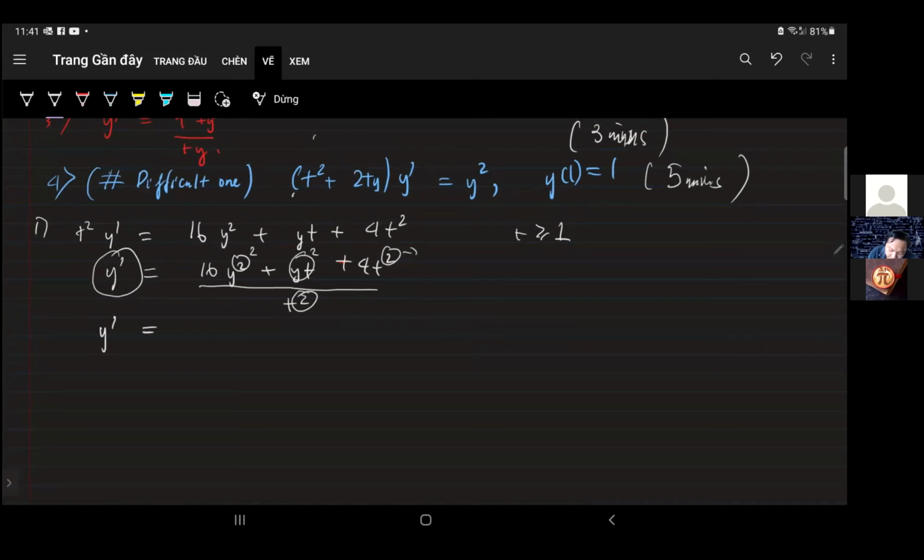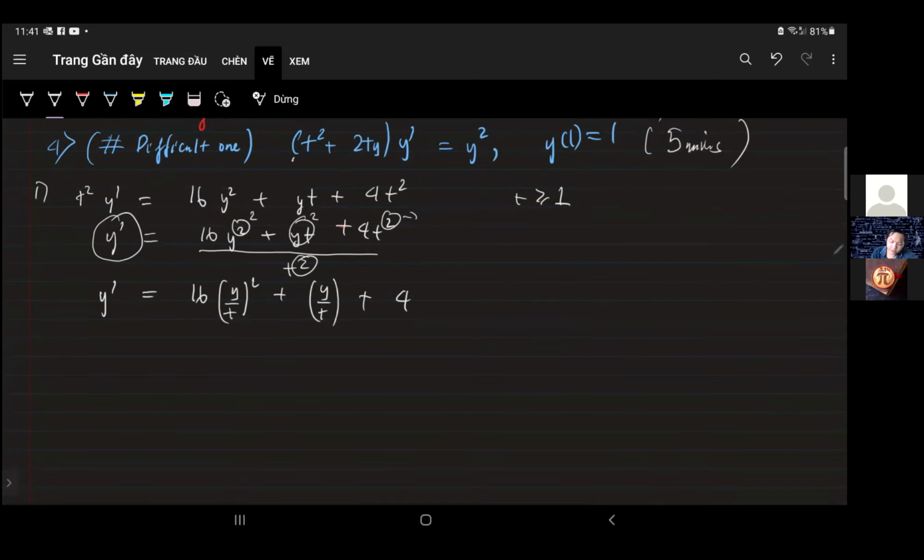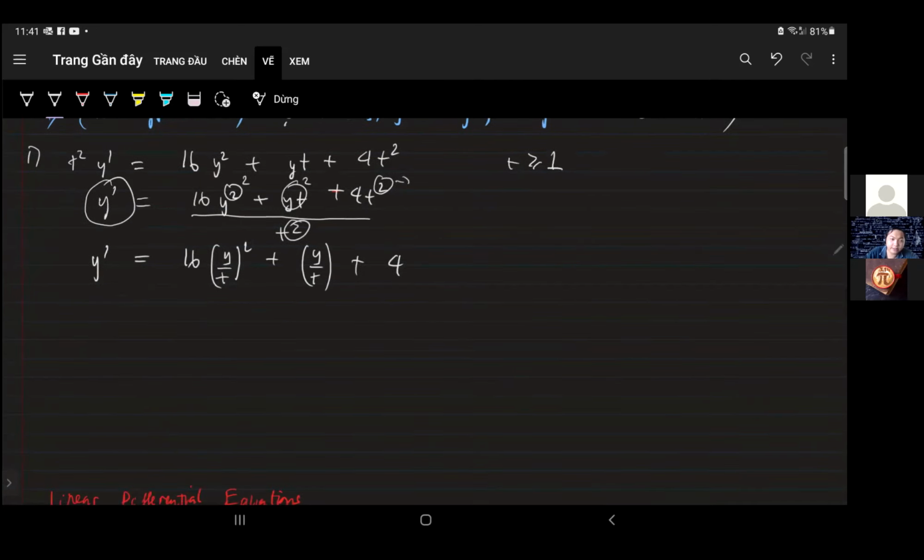If you want to simplify it, it's just y divided by t squared plus y over t plus 4. So now you can easily recognize that the function f(v) here is just 16v squared plus v plus 4.